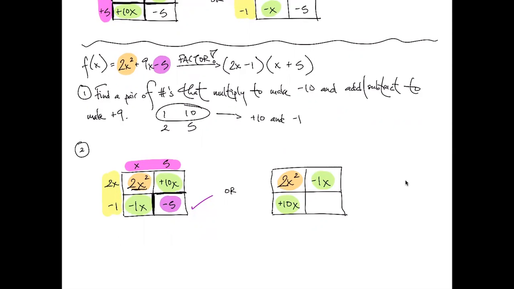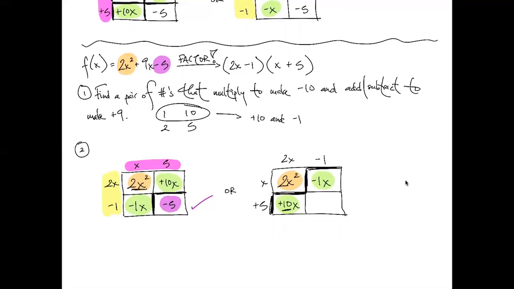So we want to make sure the 2 lines up with this 10, so 2x and x. Because if this side is 2x, this side must be plus 5 to give that box an area of 10x. And if this box has an area of -1, and this is x, then this side must be -1.